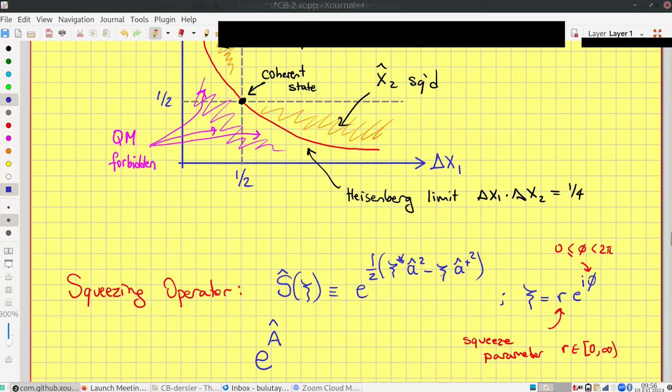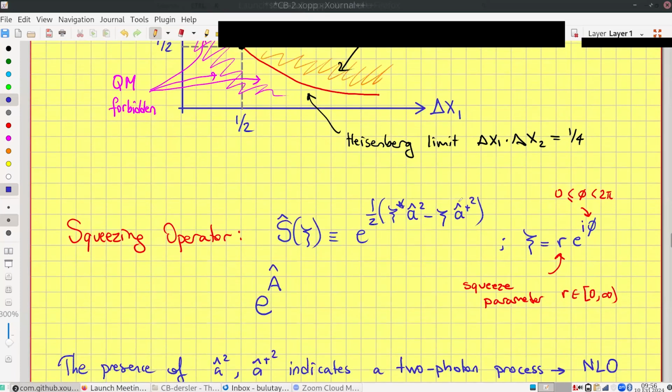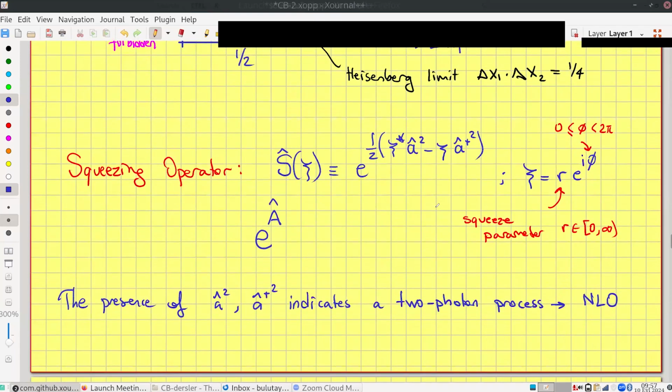Squeezing is not a unitary operation, by the way, but this is also an operator like this, e to the power of something. So you just focus on the exponent. In the exponent, you see a dagger squared and a squared. These are the creation and annihilation operators of those photonic states. So you are either annihilating two photons or creating two photons. So it's a two-photon process.